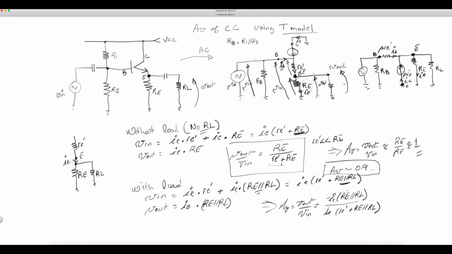The IE components can disappear, so it's equal to RE in parallel with RL divided by little RE prime plus RE in parallel with RL.